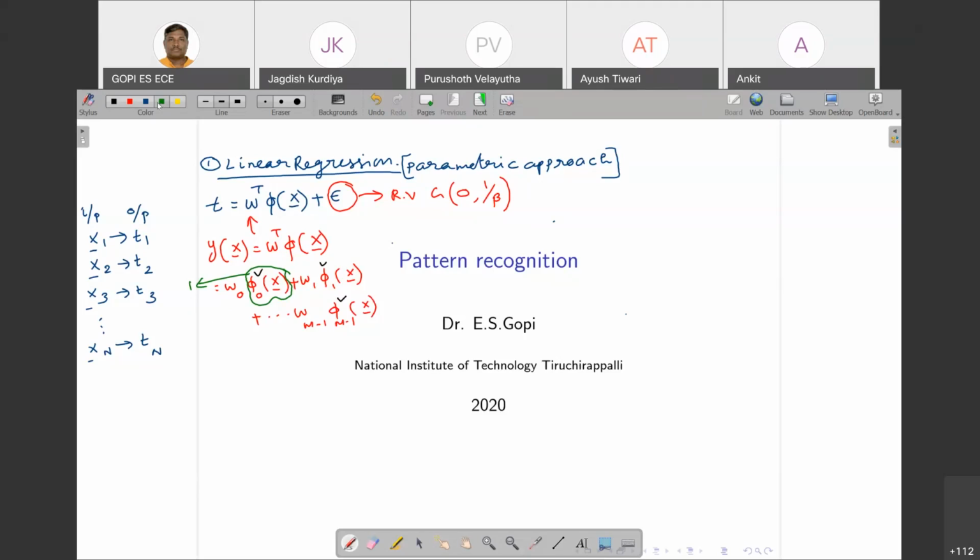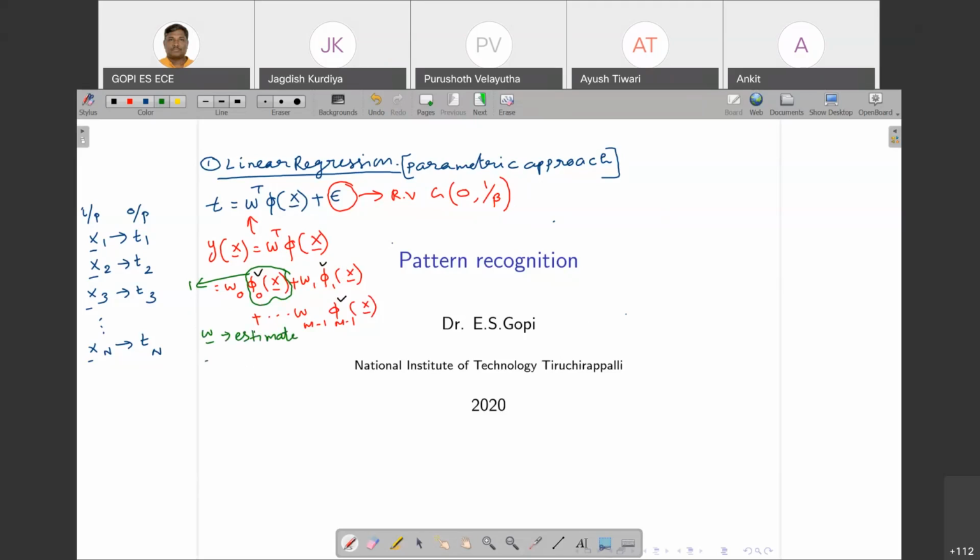In connection with estimating w, we have three probability density functions associated with it.